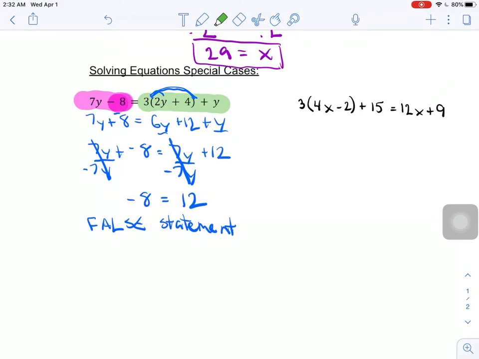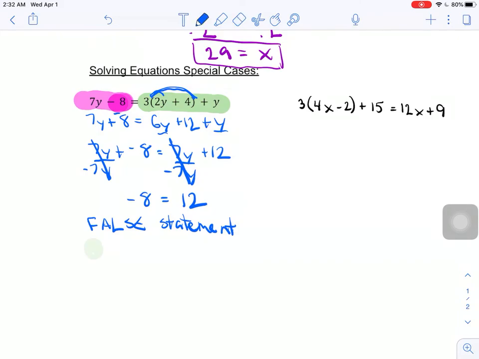So if they're not equal, then there's no number for y that is going to magically make two things that are not equal all of a sudden be equal. So what it's trying to tell you is, hey, these expressions aren't actually equal. This equation is not actually an equation. It's broken. So your final answer, if this happened, would be that there is no answer.